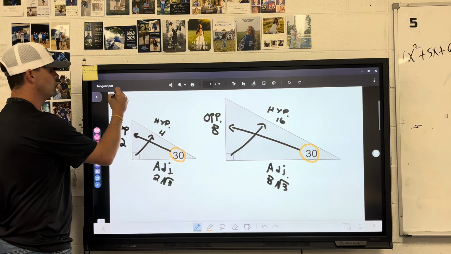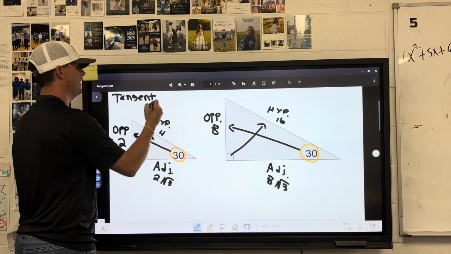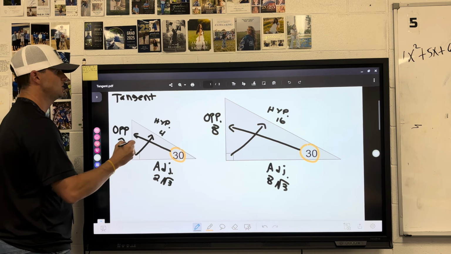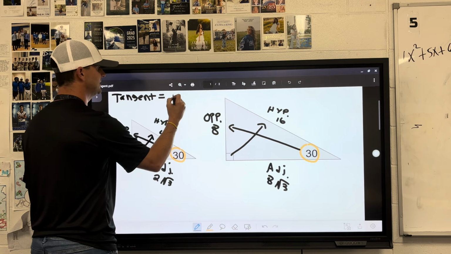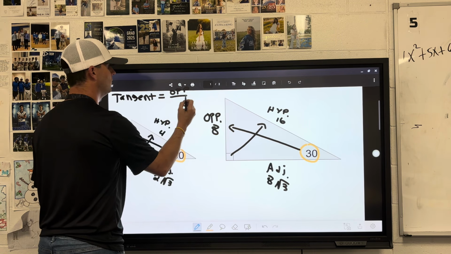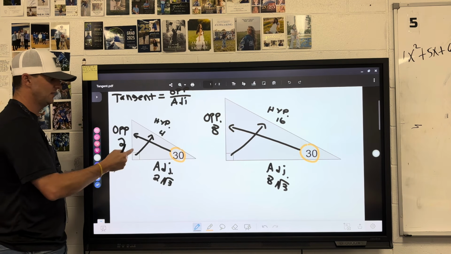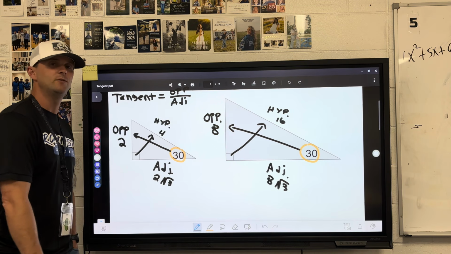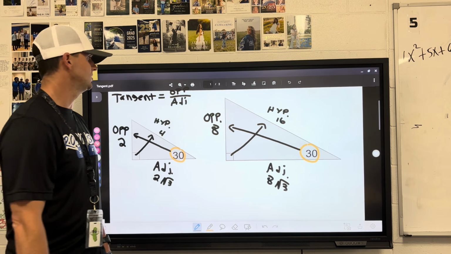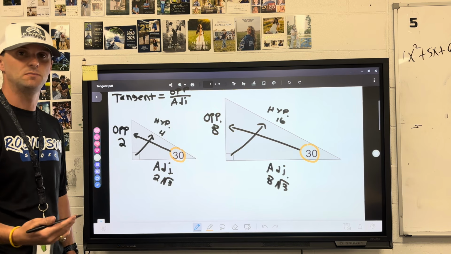Now I'm going to talk about something called a tangent ratio. When you think of your ratios, whenever you write the word tangent, tangent is always going to be the opposite side over the adjacent side. Right now, would you agree that this triangle is smaller than that triangle? But whenever I do the tangent ratio, which is opposite over adjacent, those ratios are actually going to come out to be the same.